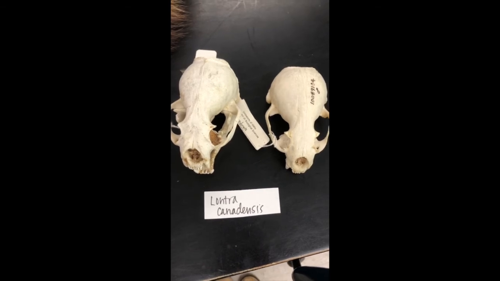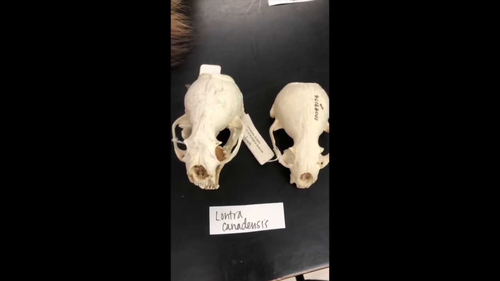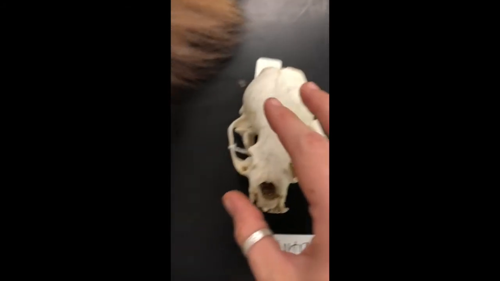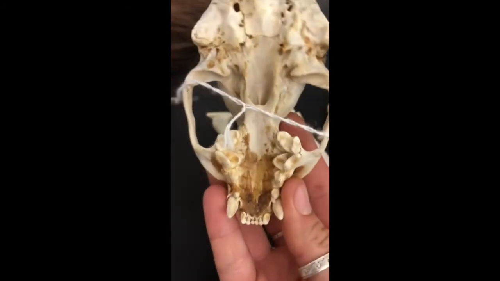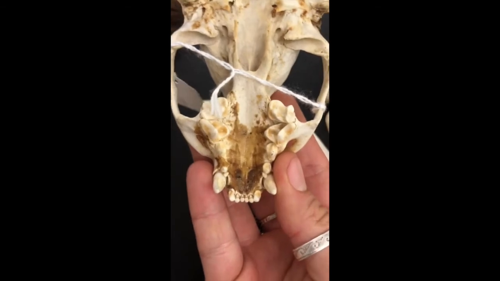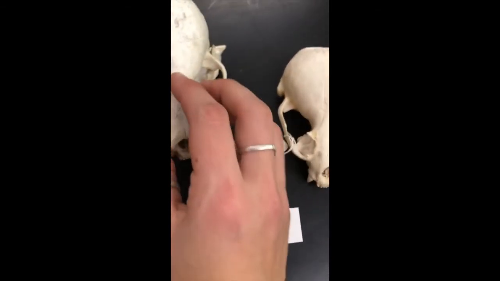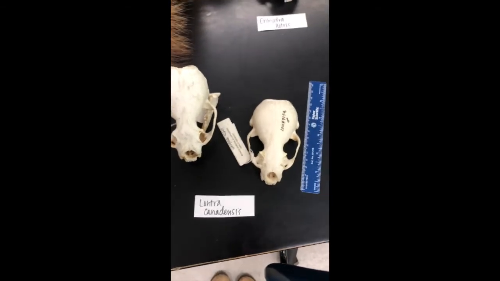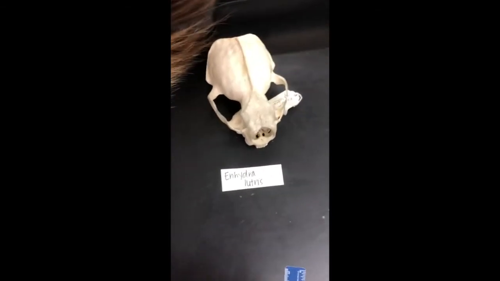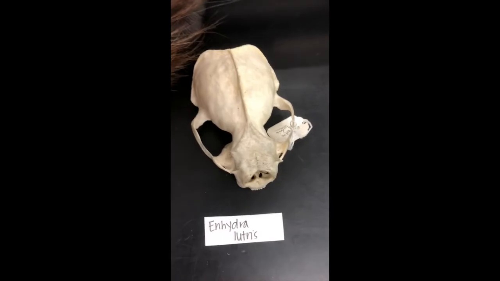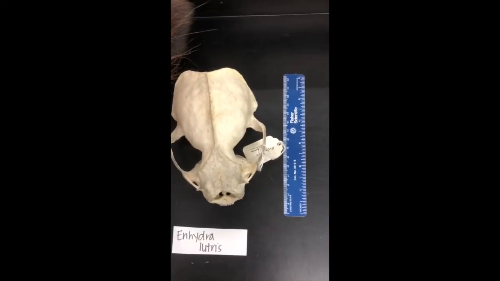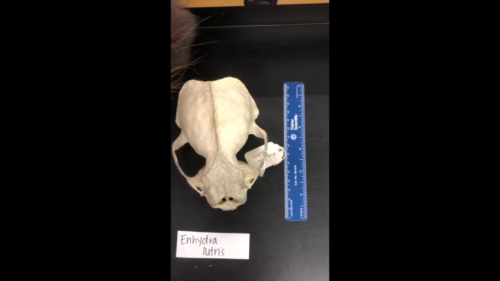The next skull we have is Lontra canadensis. This is our river otter. We only have skulls for these, and we also only have a skull for Enhydra lutris. This is our sea otter.